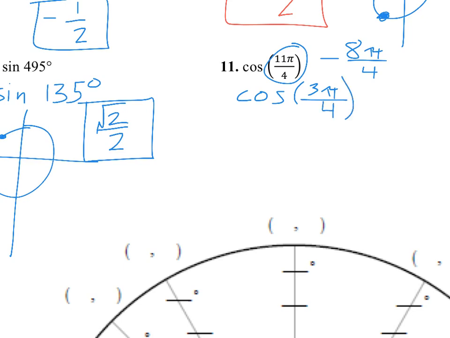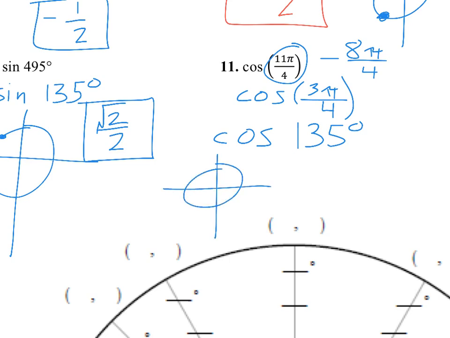And converting that to degrees, pi is 180. 180 divided by 4 is 45. 45 times 3 is 135. Alright, so we've done this coordinate before. That's here, but this time we want the x. So the x there is going to be negative, and anytime you're in the middle, it's rad 2 over 2.